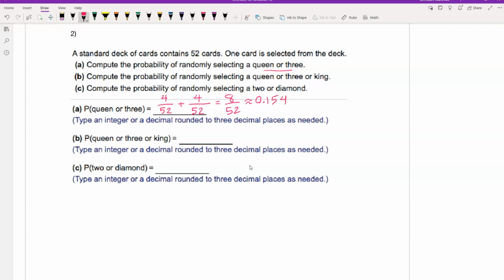Part B, probability of queen or 3 or king. Here again, there is no intersection between all these 3 events. There is nothing in common. For each one of these, we have 4 cards.